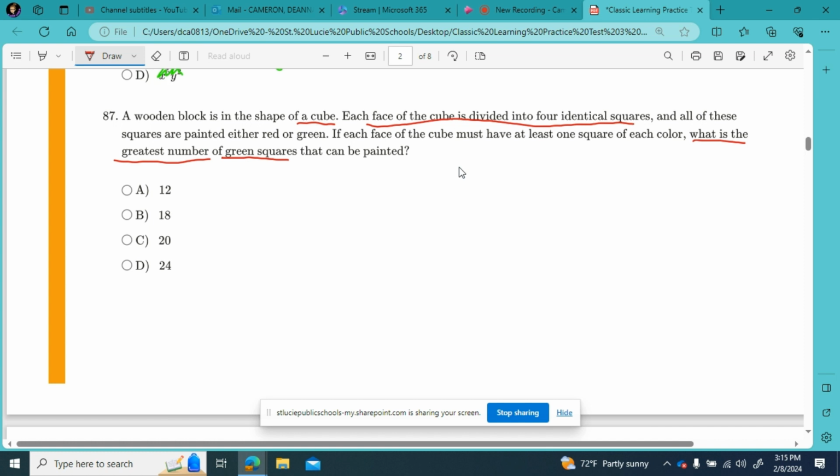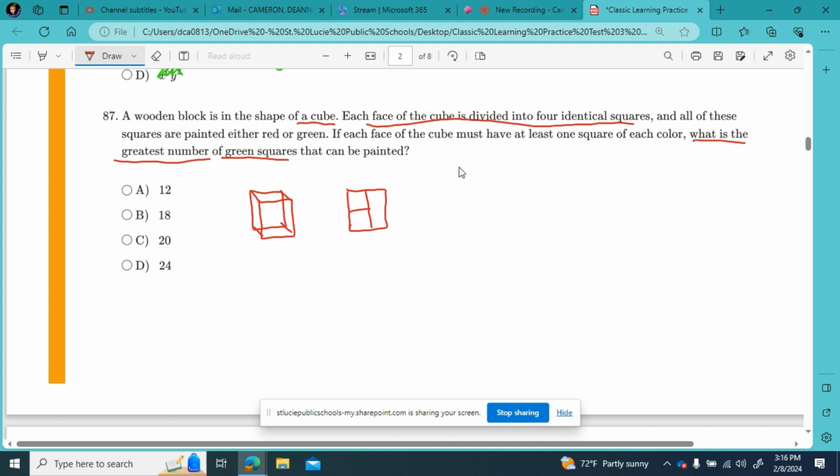So we've got a cube. All the sides are the same, that's fine. And each face of the cube is divided into 4 identical squares.